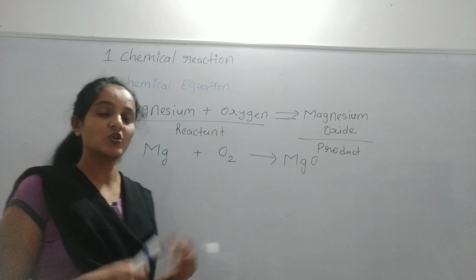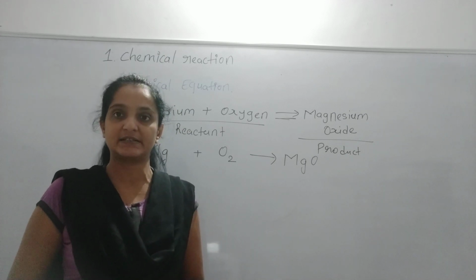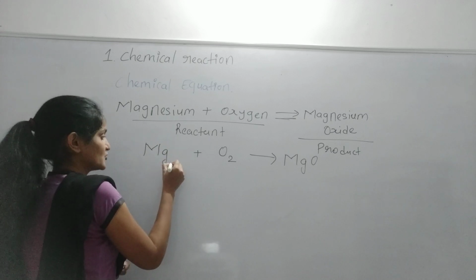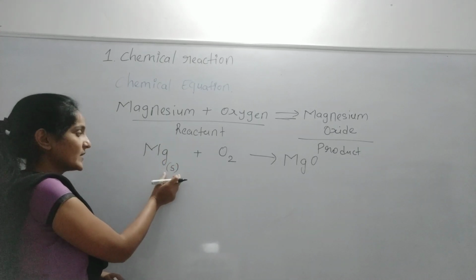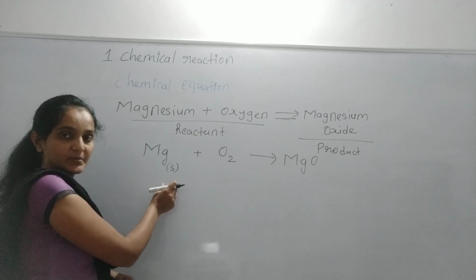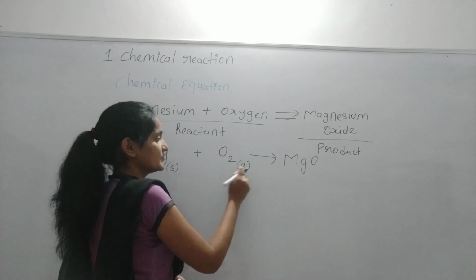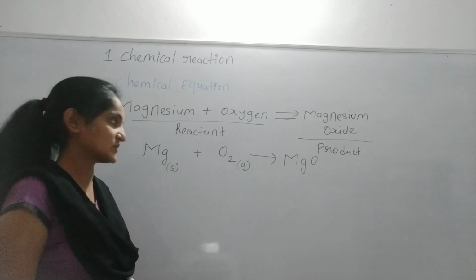So what do we still need to do? We need to mention the states. How can we mention the state? Magnesium will be found in solid form, so that will be in brackets. You can write S in a subscript form. Same way, oxygen will be found in gaseous form, so you can write G in brackets, G for gaseous state.